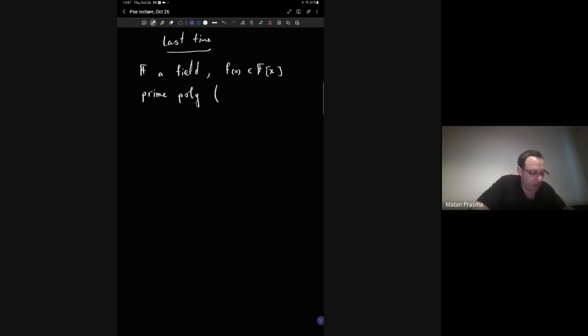I remind you that a prime polynomial means that f cannot be written as, let's say, f(x) = a(x) times b(x), with the degree of a and the degree of b strictly bigger than 0.